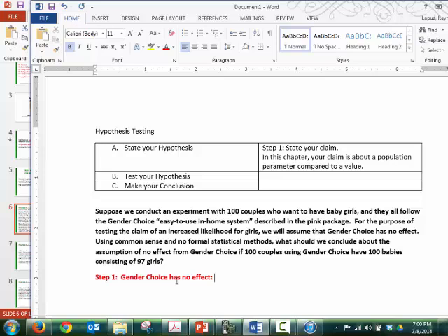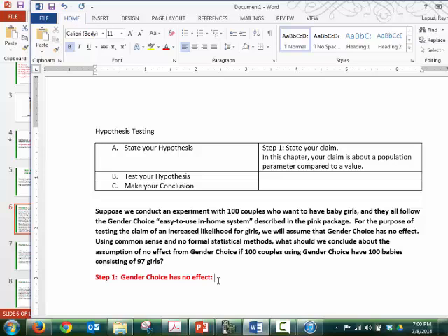And I want to compare that with an actual value. If gender choice has no effect, what does that mean? What would you expect to be the percentage or the proportion of girls being born? About 50%, right?